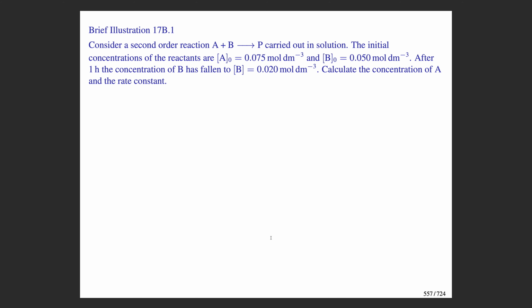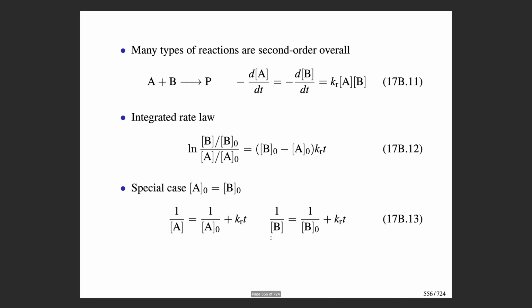Here in this problem, it's just making use of the integrated rate law. So consider a second order reaction that's carried out in solution. They give us the initial concentrations A0 and B0. After 1 hour, the concentration of B has fallen to that value. Calculate the concentration of A and the rate constant. So looking at this relationship here, let's just write out what they've given us.